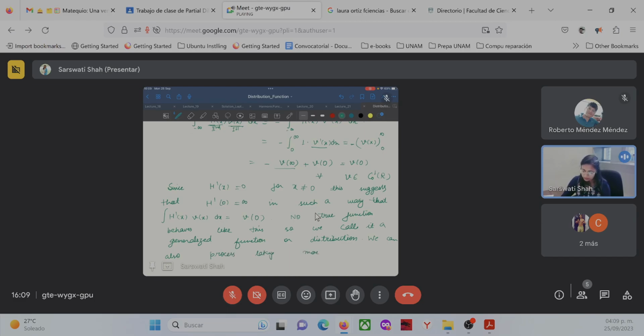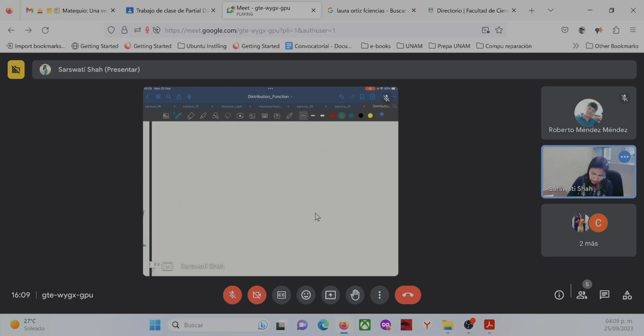So let's talk about the nth order derivative or second order. So integration from minus infinity to plus infinity h double dash x v x dx is equal to minus infinity to plus infinity h x v double dash x dx, and that is equal to the integral from 0 to infinity v double dash x dx, which is equal to v dash x from 0 to infinity. At infinity its value is 0, so we get minus v dash 0.